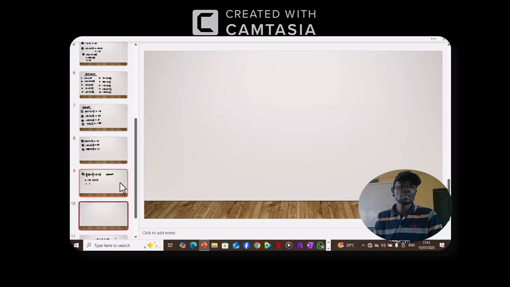Then the last example. Should I make this one the last? Okay, let me make it number 9. We have minus 24 in bracket divided by 8, all inside bracket, now divided by 3.